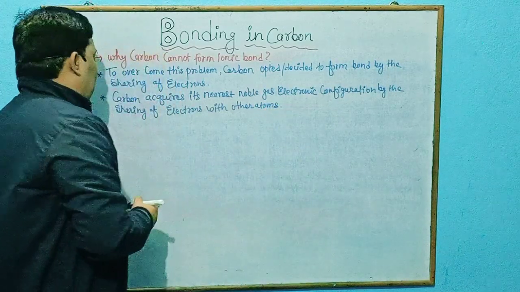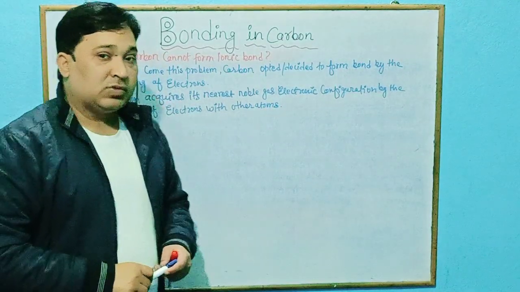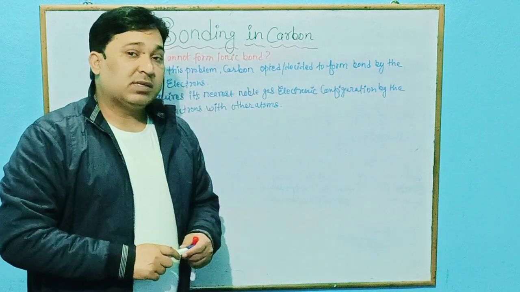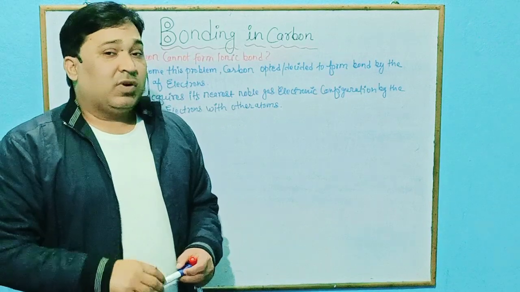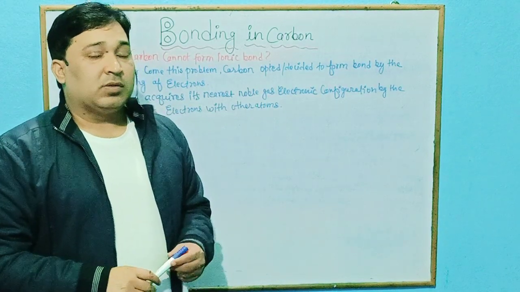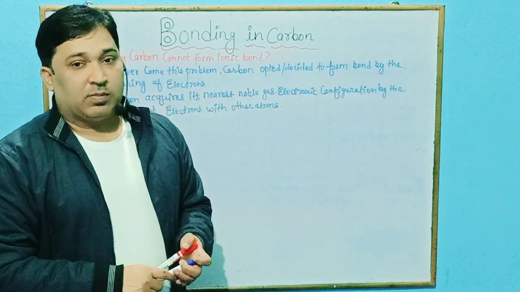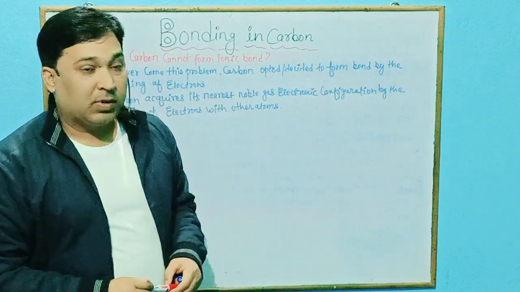So carbon opted for the sharing of electrons to gain the nearest noble gas configuration and become stable. So a bond will form in this manner. The bond formed in this manner is called a covalent bond. Let us try and understand the covalent bond.